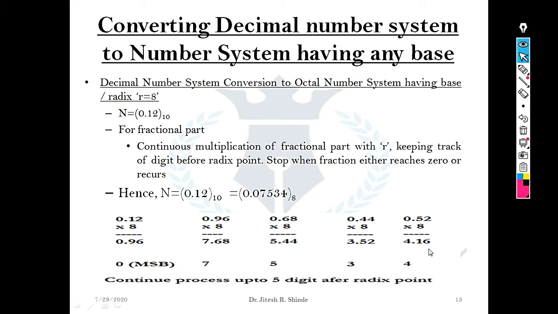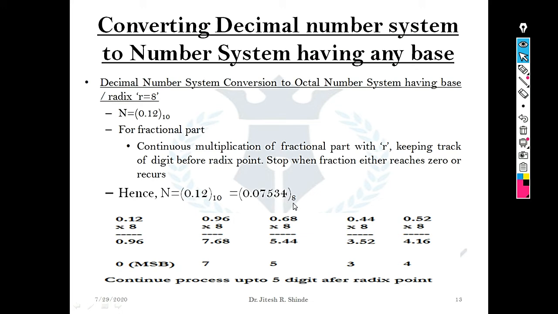4.16. 4. If our answer is extending beyond 5 or 6 digits after the radix point, my recommendation is to continue the process up to 5 digits after the radix point. Thus the final answer: 0.12 specified in the decimal number system is equal to 0.07534 base 8.